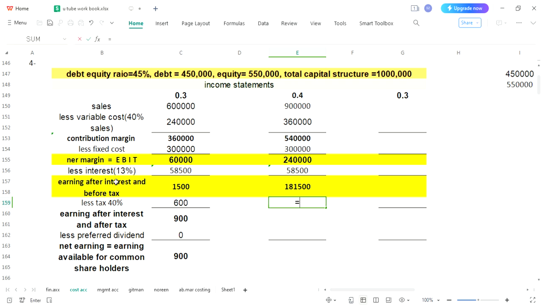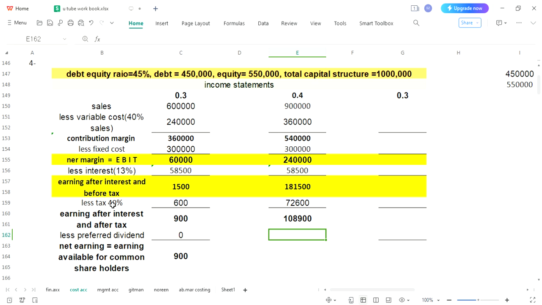Tax rate is given in the question as 40%, previous earning 1,81,500. So here you will calculate 40% as your amount of tax. Now we are open to calculate earning after tax by subtracting tax from previous earning. 1,81,500 income after tax, and you will subtract tax to calculate our earning after tax.